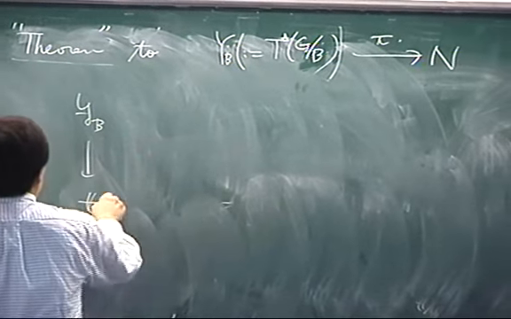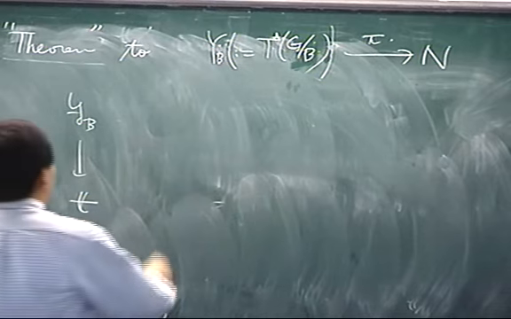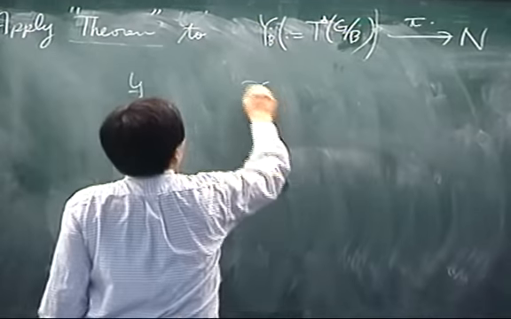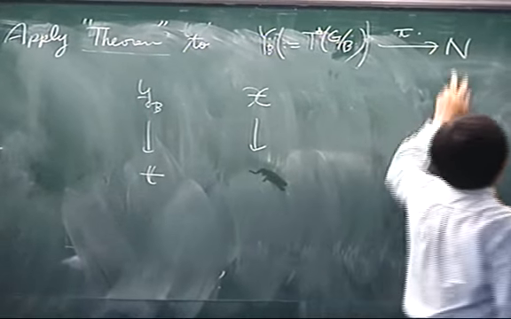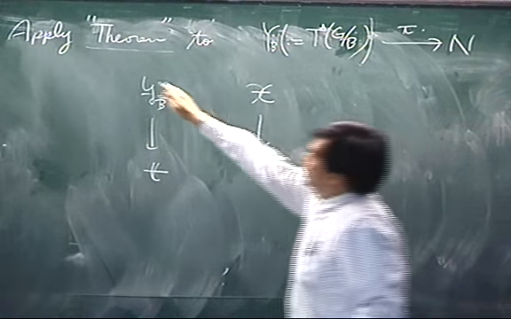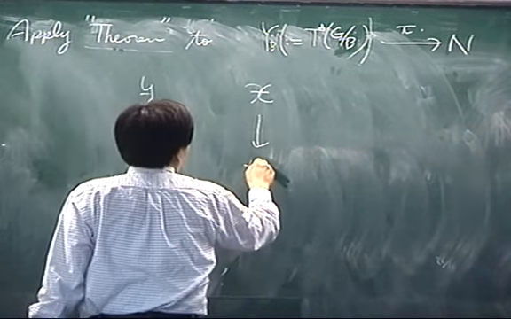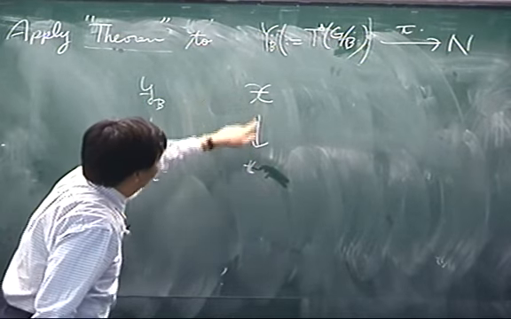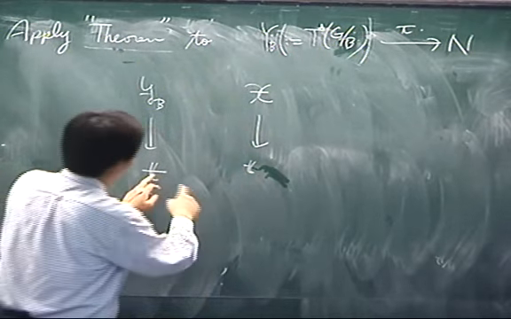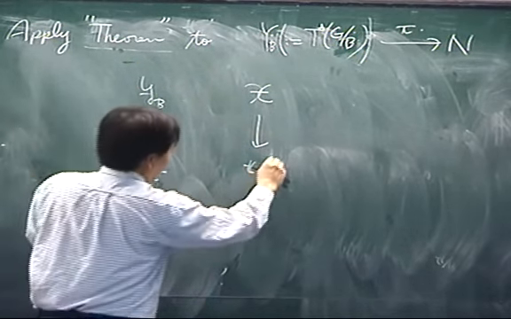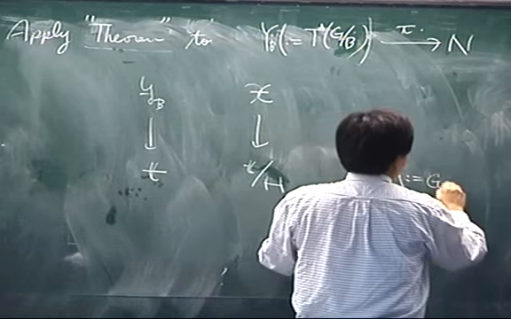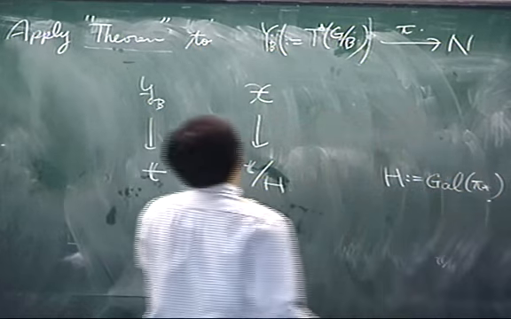This is the base space T, and you have some universal space of this one. But this theorem says that the universal space of the Poisson deformation of X is just given by the quotient of T by some finite group, say H. H is just the Galois group of pi star.